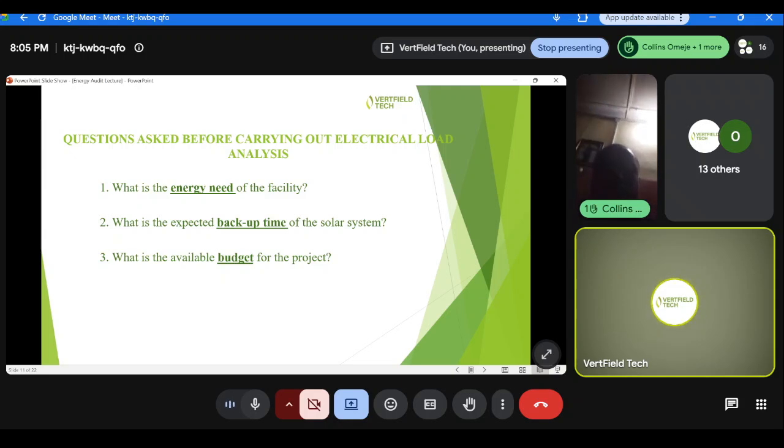One, the energy need of the facility. Two, the backup time of the solar system. And three, the budget for your project. Those are basically the three questions you need to ask.